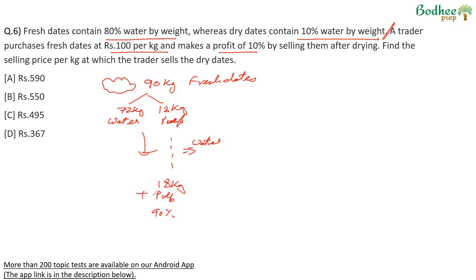Now, if we look at water, since 90% is pulp, water will be 10%, 100 minus 90. Also, the weight of 90% is 18 kgs. So the weight of 10% should be 18 by 9. 90 by 9 is 10, so 18 by 9 is 2 kg. That means after drying, the total weight of the dates is 20 kg.